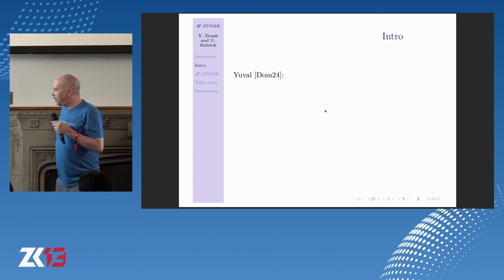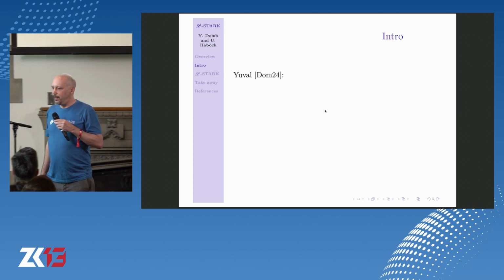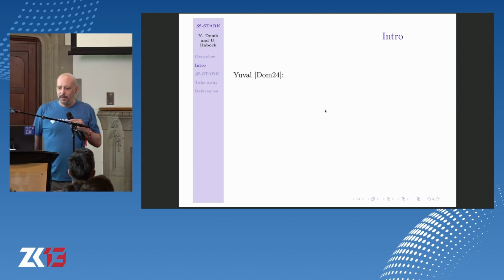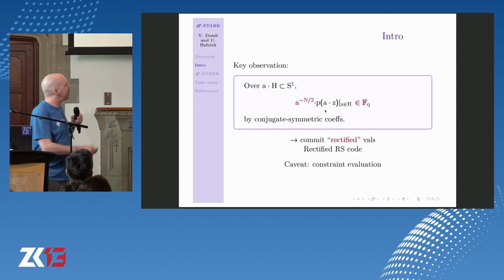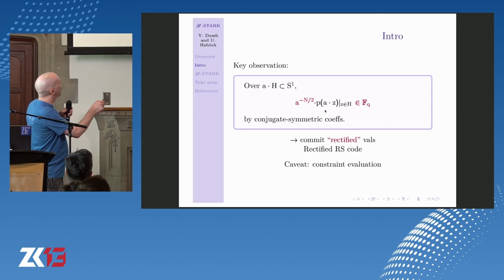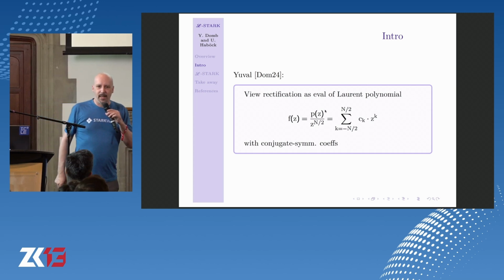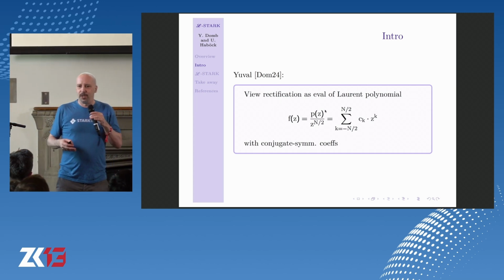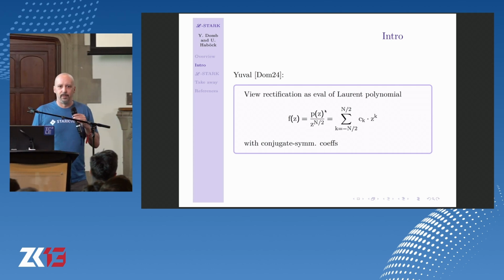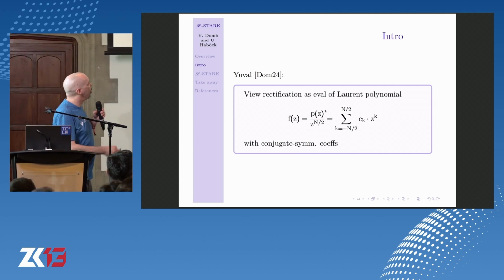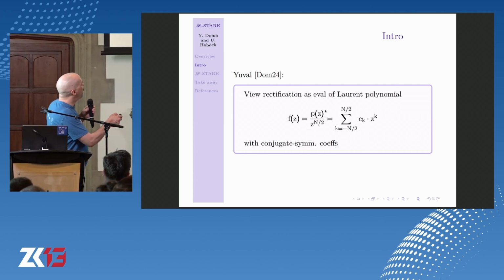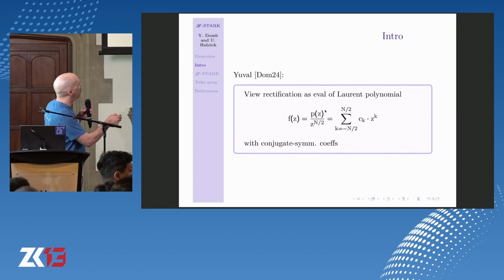And then comes Yuval last autumn, and he says, wait, this rectification thing, look at this. Just view it as the nature when you evaluate a Laurent polynomial. What's a Laurent polynomial? It's just like a polynomial, but now we also have negative powers of z.